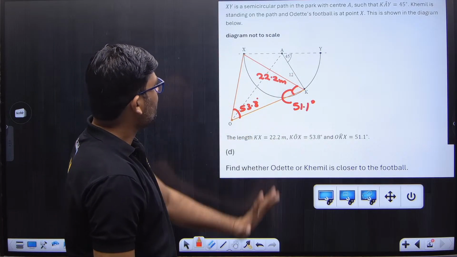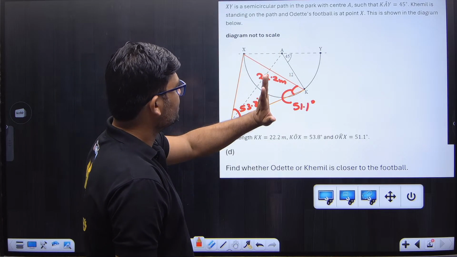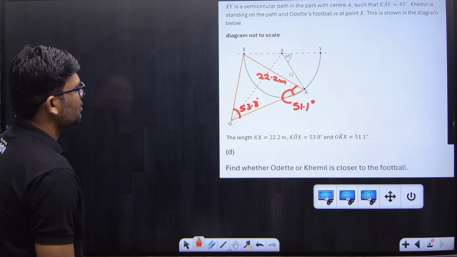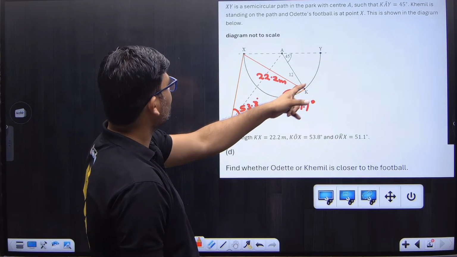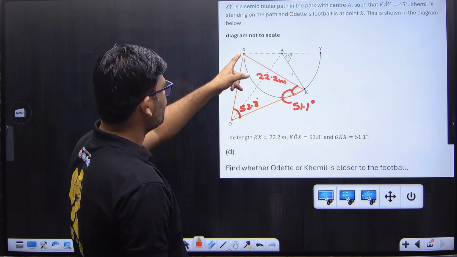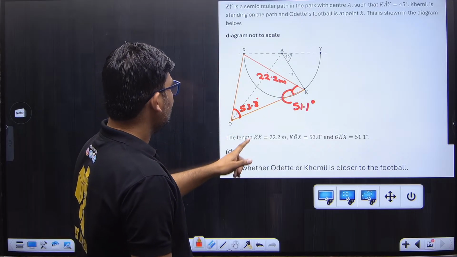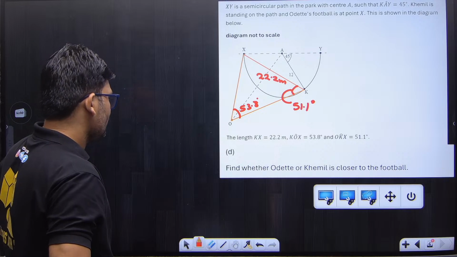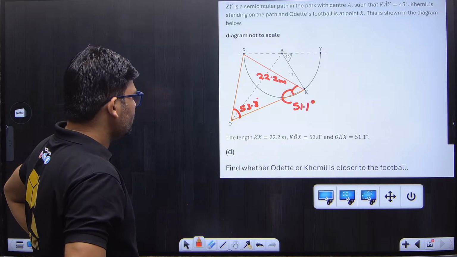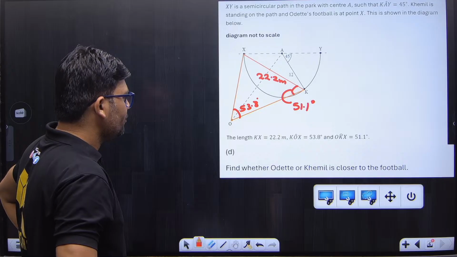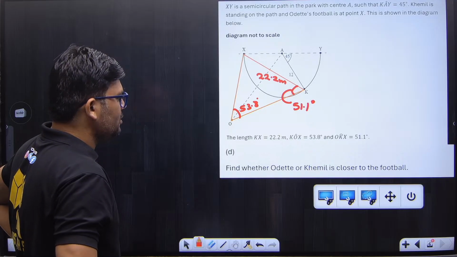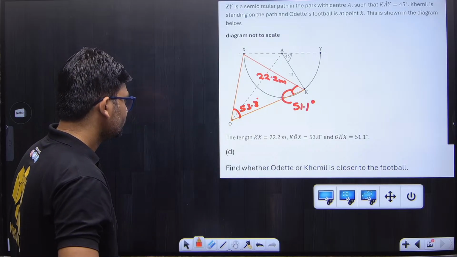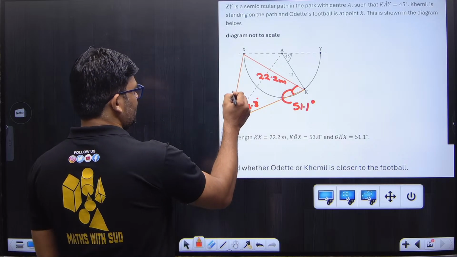XY is a semicircular path in a park with a center A such that KAY is equal to 45 degrees. Camille is standing on the path and Audit's football is at point X. This is shown in the diagram. The length KX is equal to 22.2 meters. Angle KOX is equal to 53.8 degrees and angle OKX is equal to 51.1 degrees. Find whether Audit or Camille is closer to the football. So where is Audit? Audit is here. So that means they are asking us to find this distance.